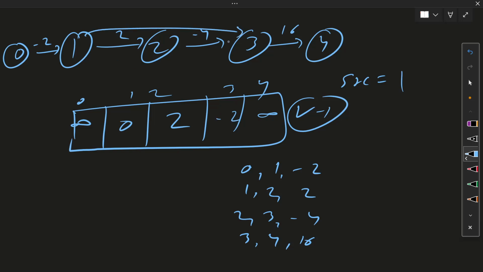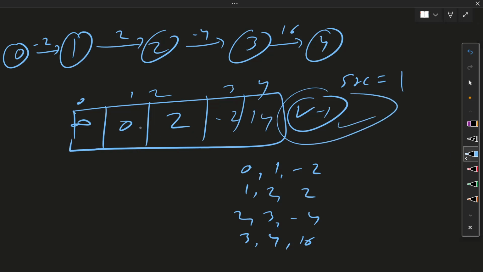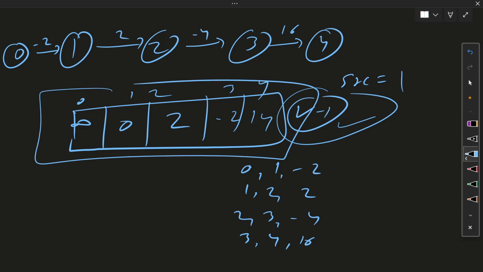From this to this the value will be minus 2. Then to reach 3 to 4 we need to take 16, 16 minus 2 is 14. So 14. Just assume we have done V minus 1 iterations and this is the answer array.